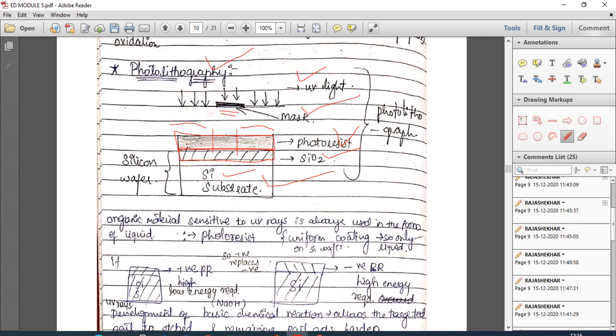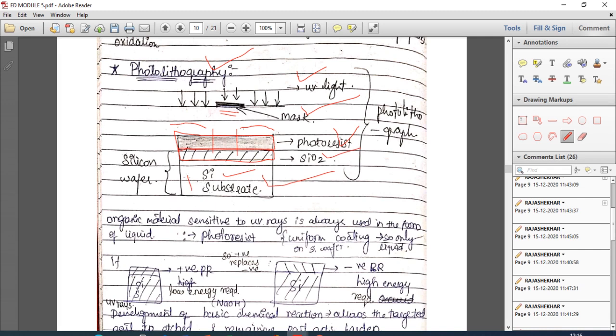Later that part can be etched in the next process, so that we can dope or diffuse a particular material into the silicon substrate. So using photolithography we can add a particular impurity to the silicon substrate to form a p-n junction.